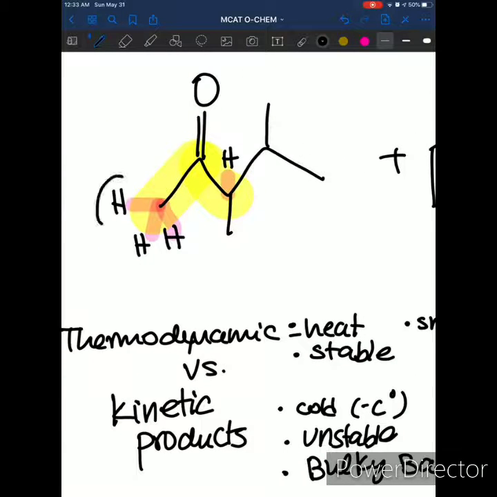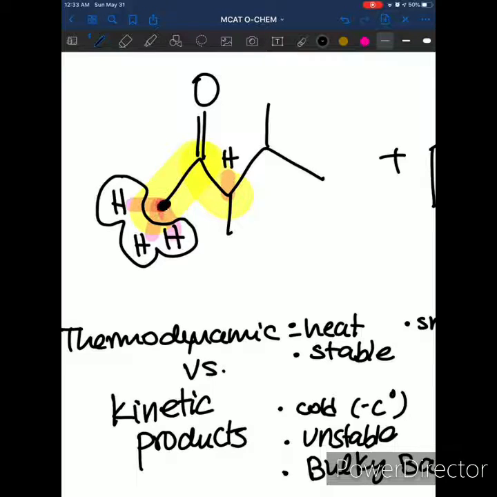So for this one, in order to pull off one of these 3 hydrogens that I have over here, do you guys think I would need a thermodynamic reaction to occur, or would I need a kinetic reaction to occur? Meaning, do I need to add heat, and also do I need to pick a small base, or do I need to pick a large base? So those are decisions that scientists have to make.